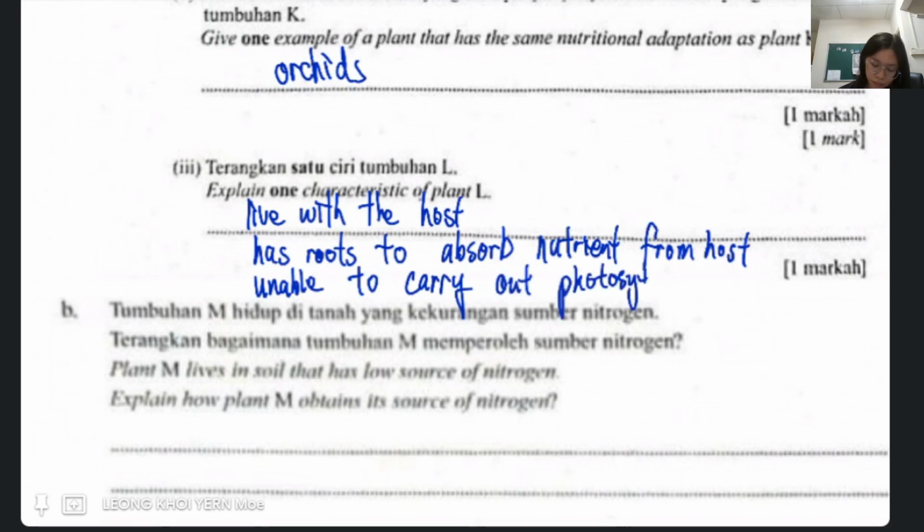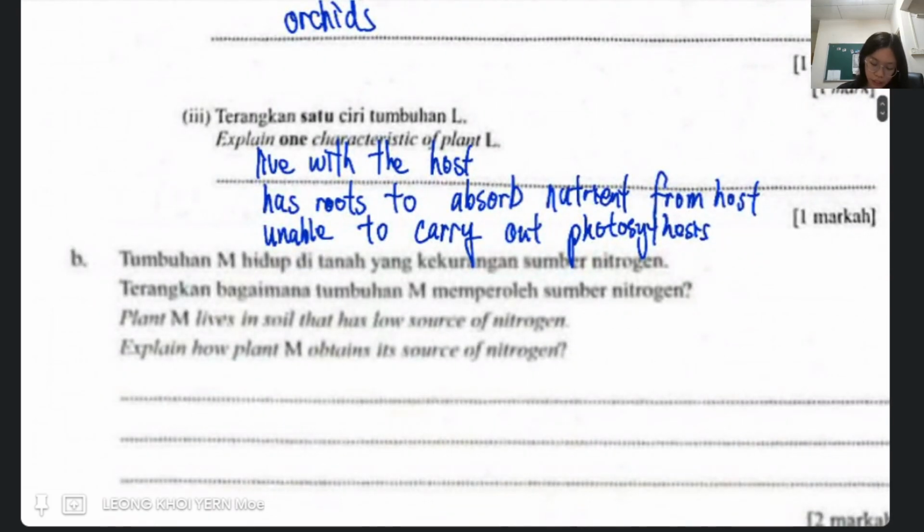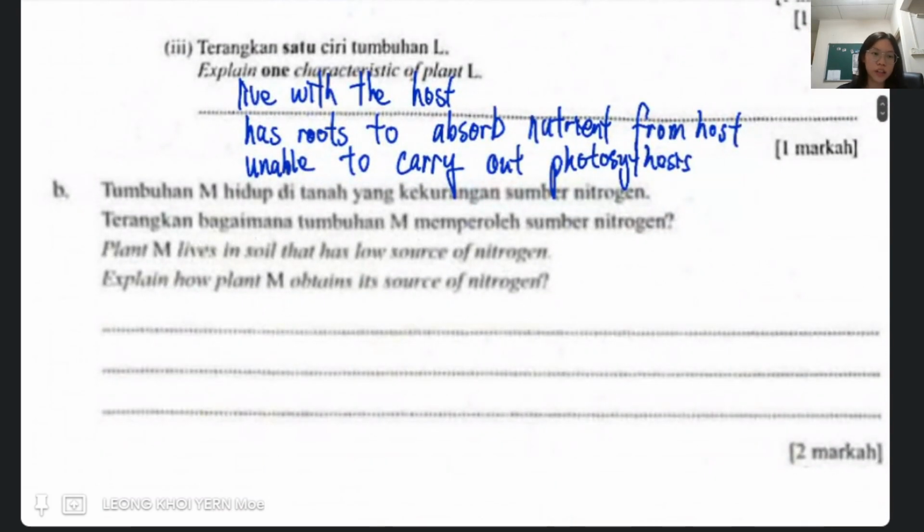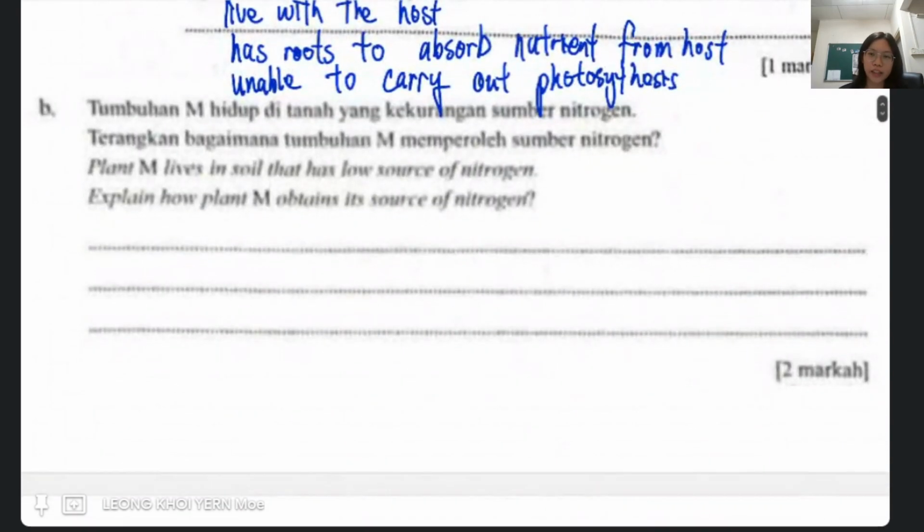Plant M lives in soil that has a low source of nitrogen. Explain how plant M obtains its source of nitrogen. Like just now, what I mentioned, it will secrete nectar. Why does it want to secrete nectar?